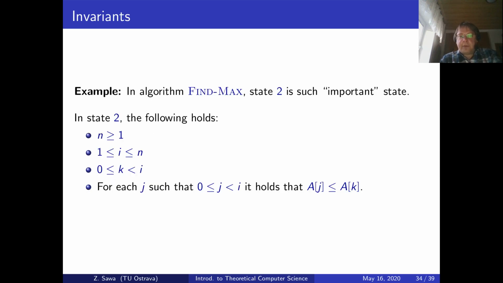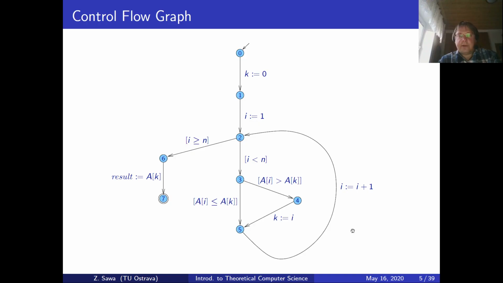Typically for the algorithm we consider here, such an important state is state 2, because this is the place where we enter the loop and where we go through in every iteration, and where we also jump out of the loop.